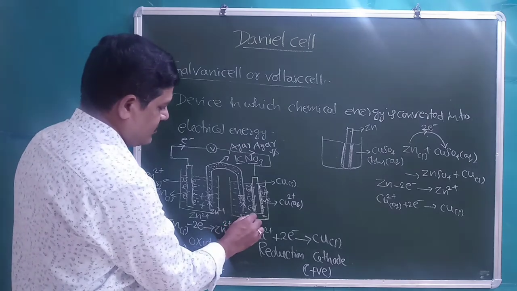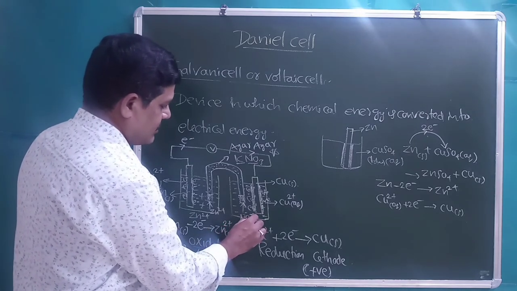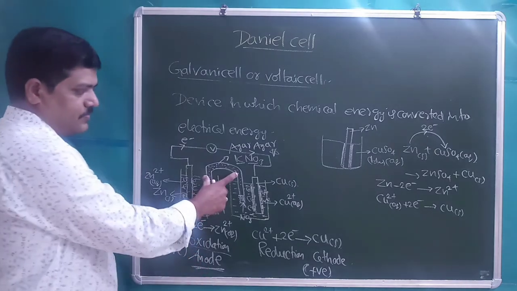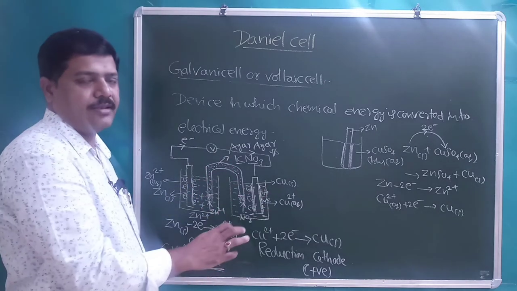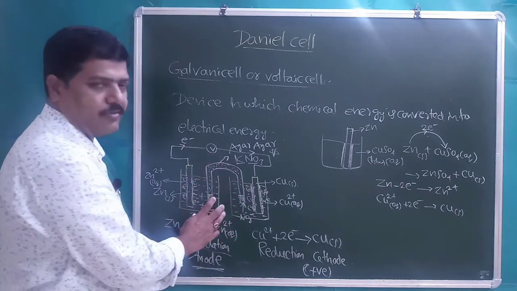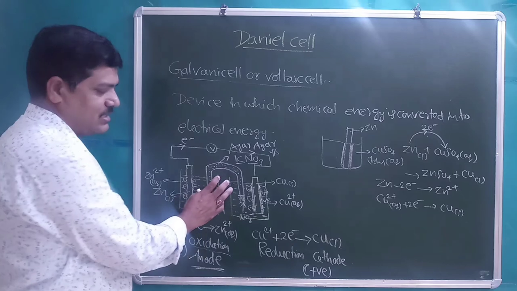So what is the main use of the salt bridge? It will maintain electrical neutrality of the cell. So students, if the salt bridge is removed, then no current flows. That's why for the galvanic cell, the salt bridge is essential.